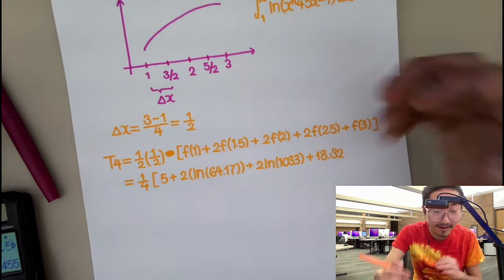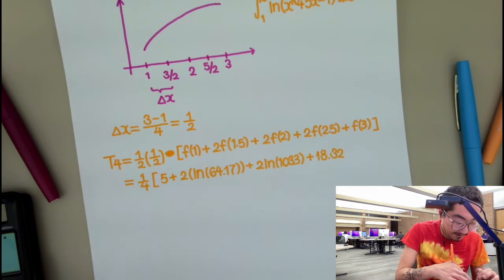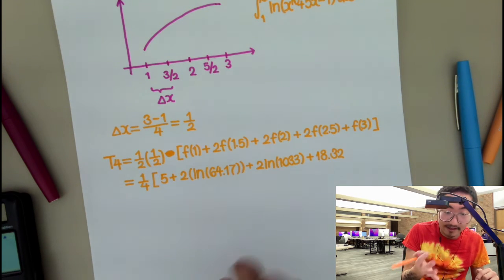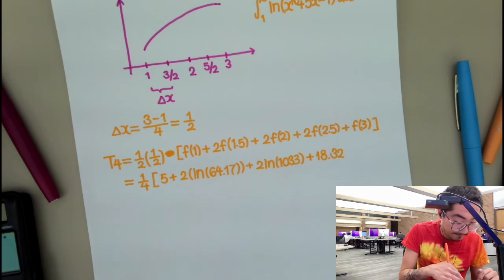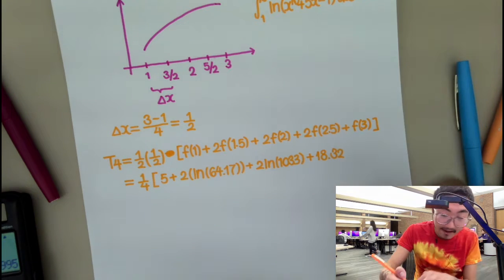After that, 3 is the natural log of 3 times 10 plus 14, which is 10.99.